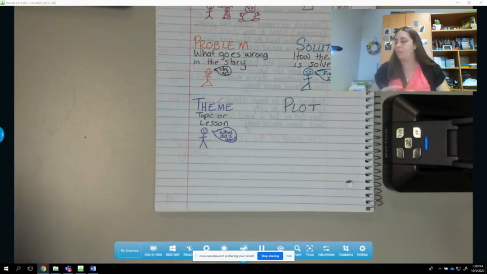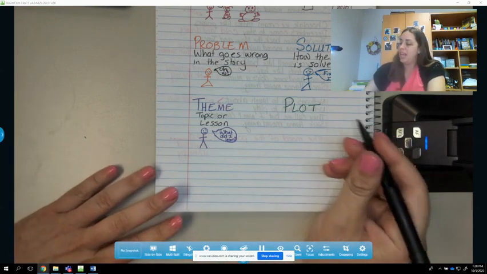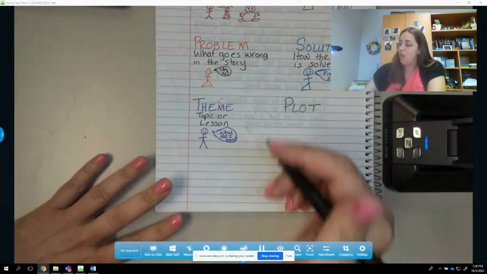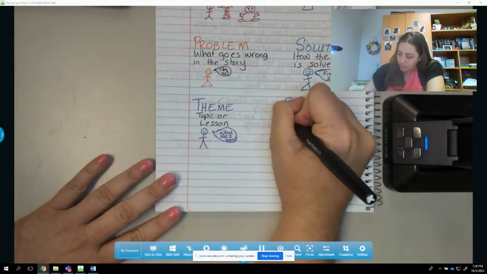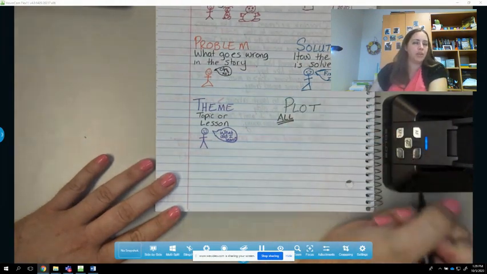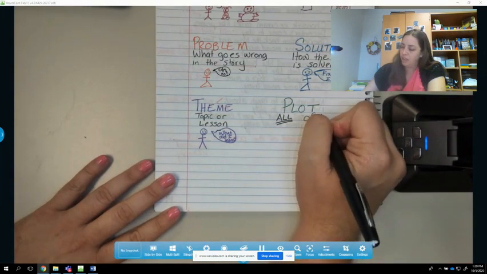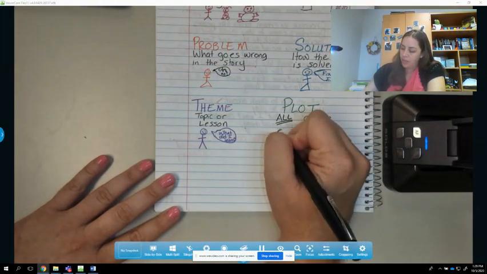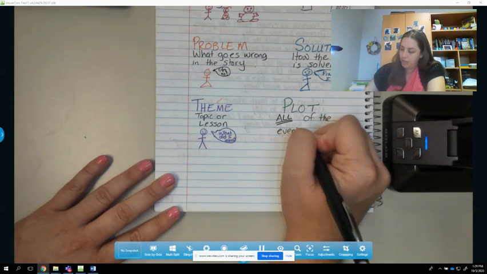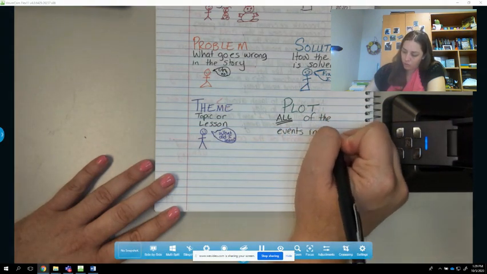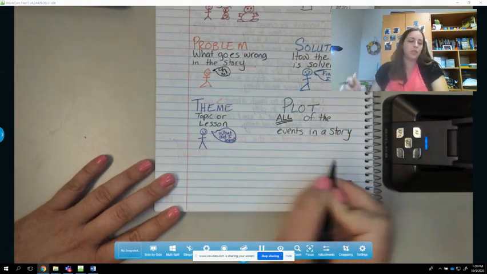Yes, it is the plot, but the plot doesn't include just the problem and solution. It is more than that. It is all, I'm going to double underline, all of the events in a story.